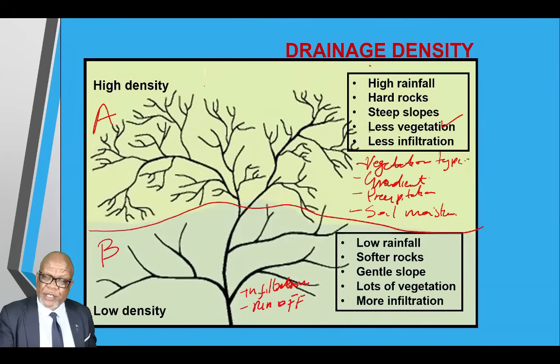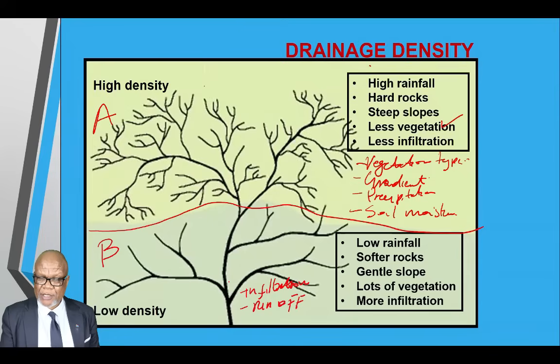And then we also look at the gradient. How did the gradient influence the density at A? It means at A, the gradient is very steep. Because of steep gradient at A, we have high runoff and less infiltration. That is why it resulted in higher drainage density. At B, the gradient is very gentle.